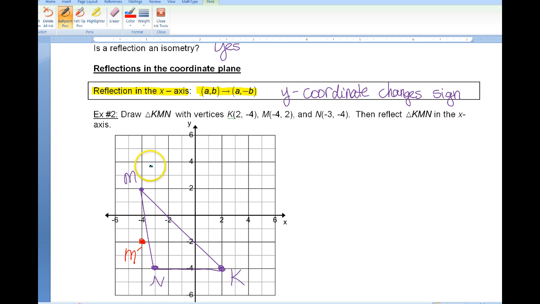Above. How many spaces? 4. So it ends up landing here. Here's N prime. And then how about K? Same thing. It's going to go up 4 to get to the line, and then go another 4 units. So here's K prime. And these two figures do overlap. That's fine.